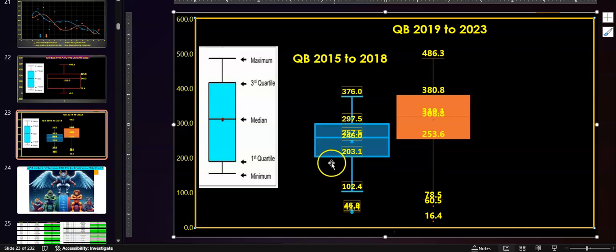Anyway, it is clear times have changed, folks. The upper whiskers go from 380 to 460, 486. Previous years, 297, almost 100 points less. Times have changed. Look at the top. The best that's been 15 to 18 was the worst of the top 25%.